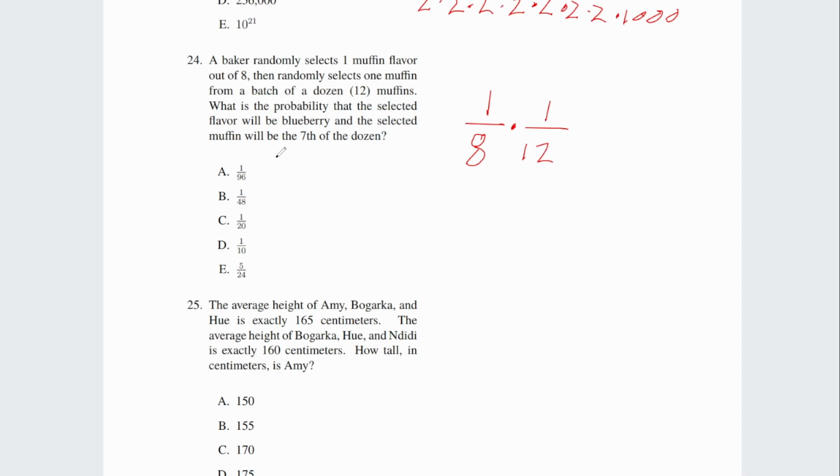How many outcomes is this? Well, this is one particular muffin out of a dozen and out of 8 flavors. So one particular muffin out of 96 total muffins. So the answer choice must be 1/96.